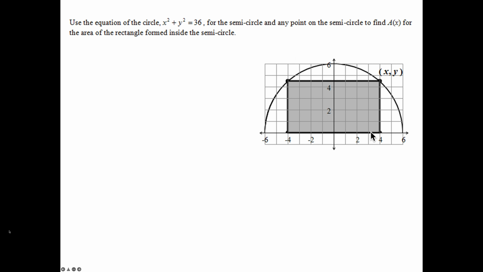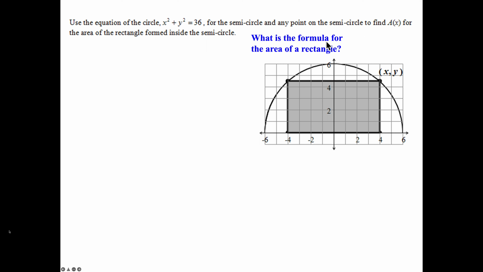So here we have a slight problem that I'm going to encounter. If my point can be over here in quadrant 2, my x could possibly be negative, and I don't want negative numbers because you can't have negative distances. So let's keep that in mind when we build our formula here.